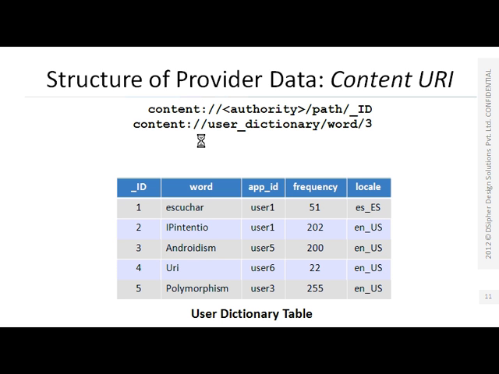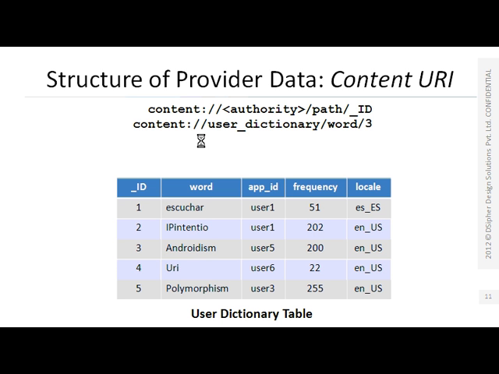When you are passing this to the content resolver, this is a complete URI of your data. When you pass it as a parameter to the content resolver object, it will enable you to edit this third row.